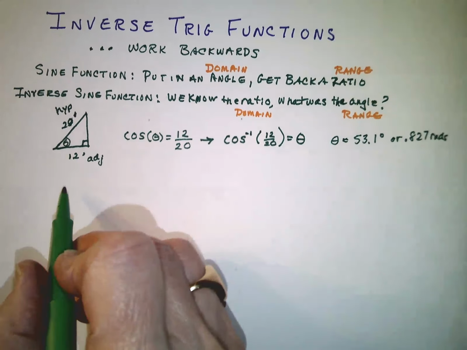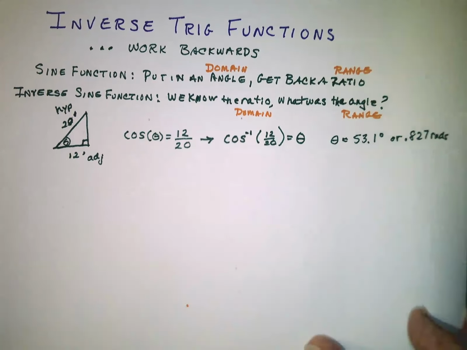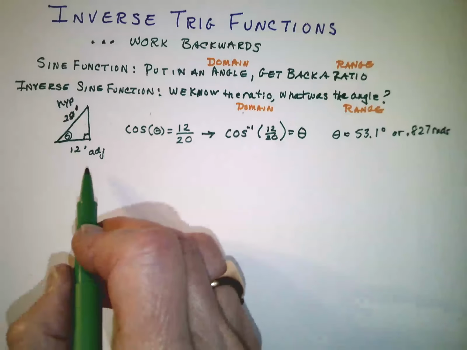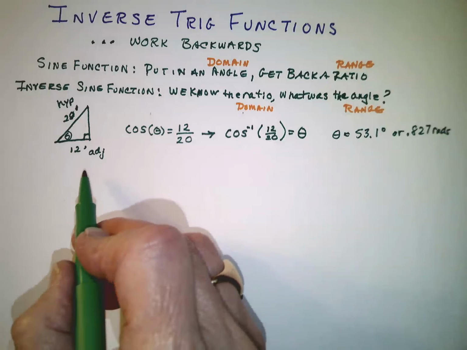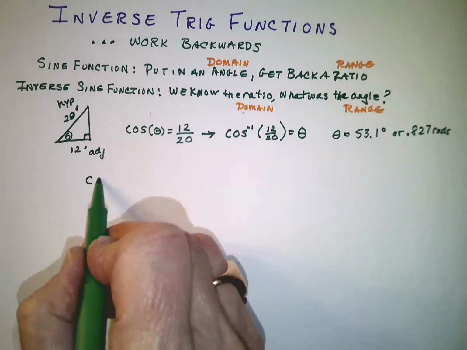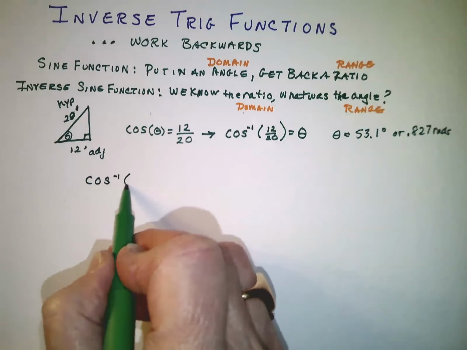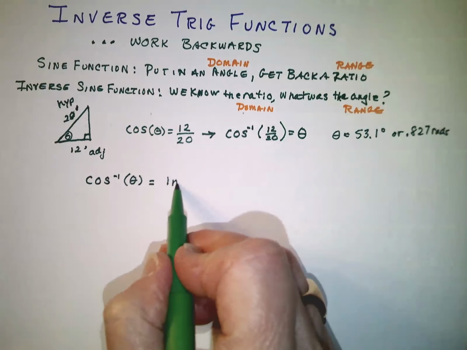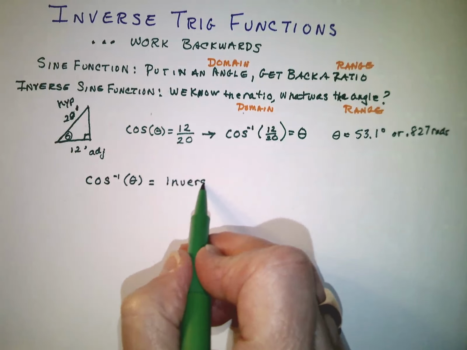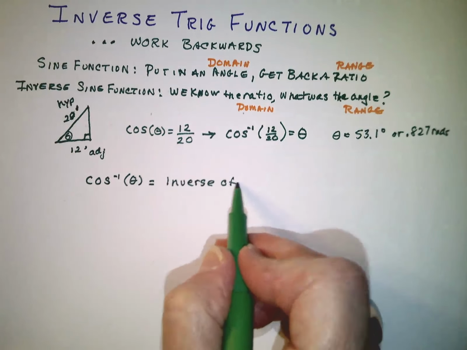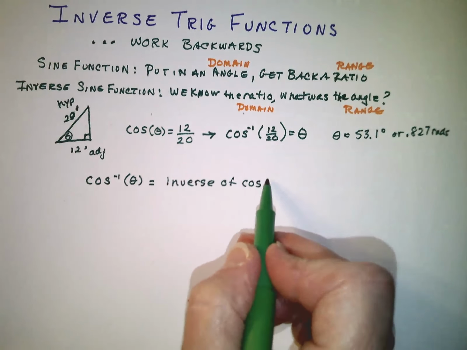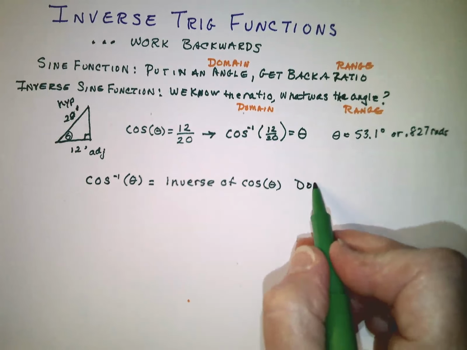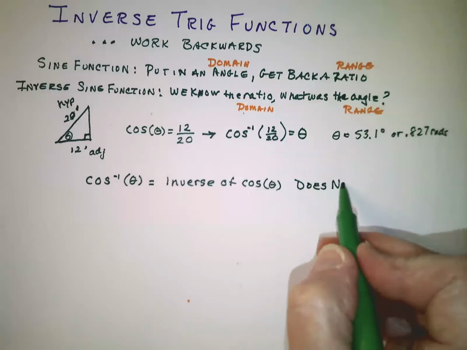A note about notation, which we had the same issue when we were studying just plain old ordinary inverse functions. So this notation means the inverse of cosine of theta. It does not equal the -1 power.